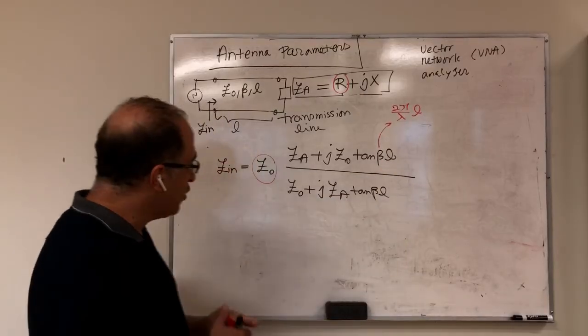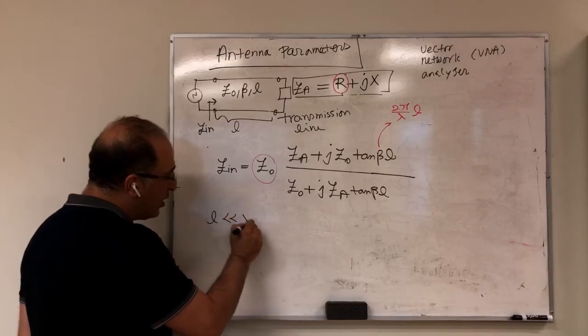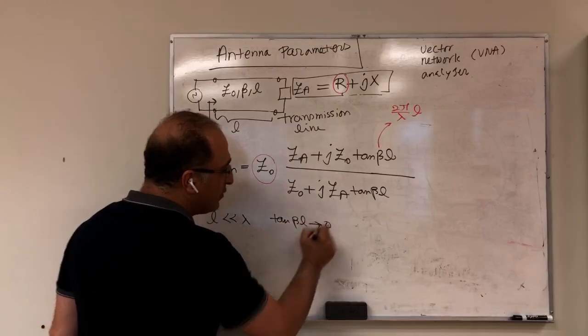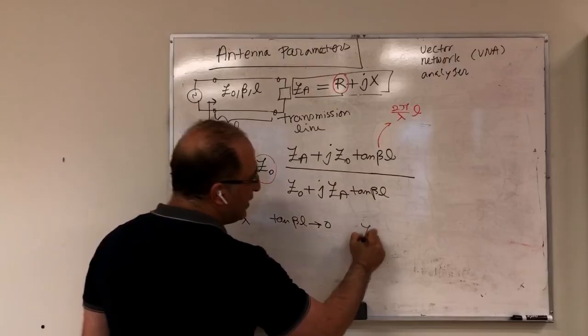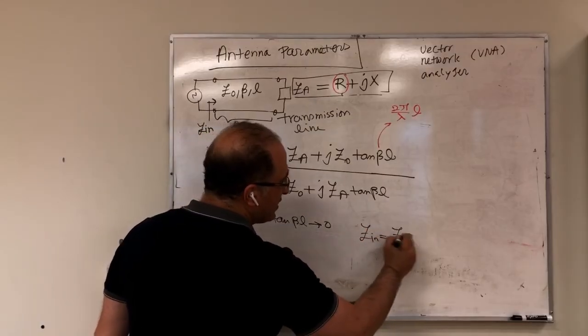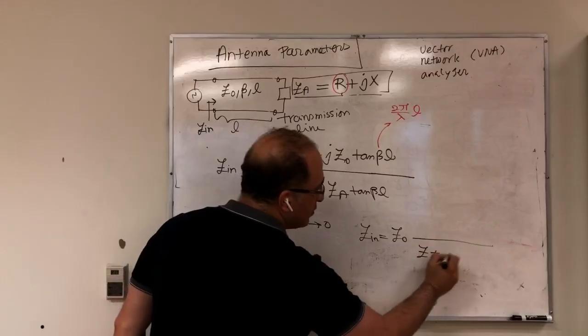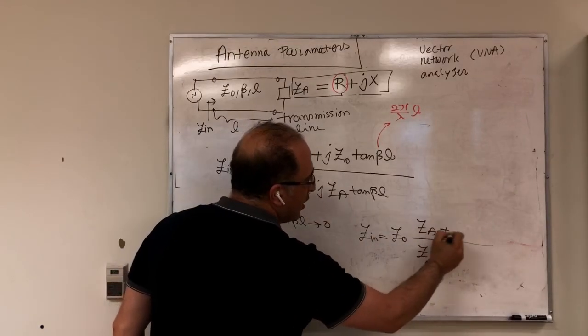So if length is much smaller than lambda, tangent of beta L goes to 0. Now, if tangent of beta L goes to 0, what would be your Zin? It becomes Z0 times (ZA plus 0) divided by (Z0 plus 0).